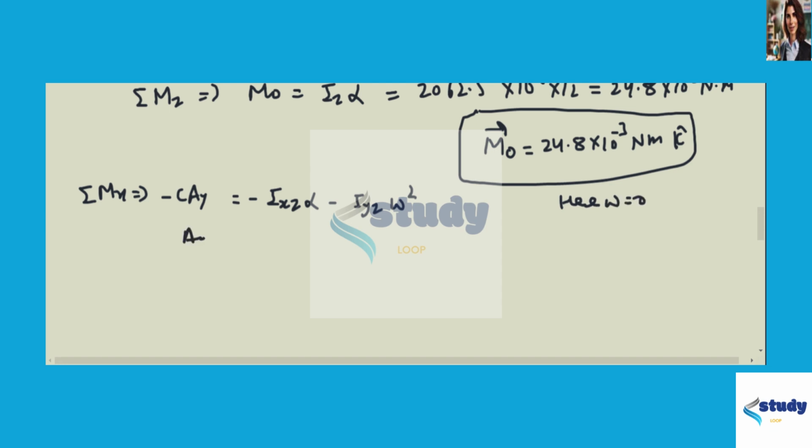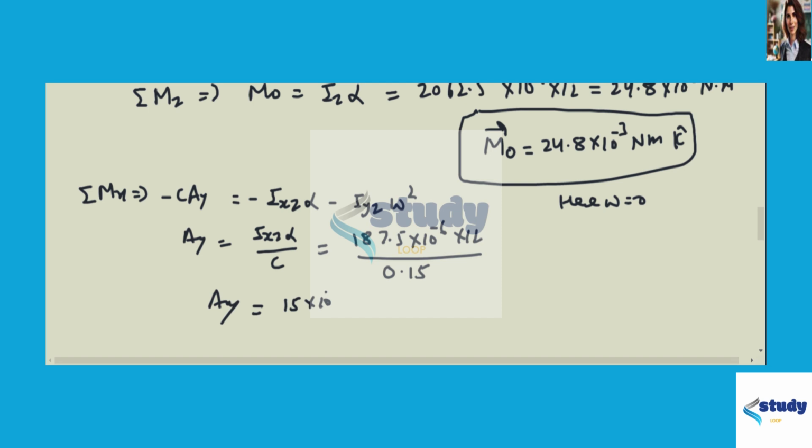So Ay can be written as Ixz alpha upon C. Substitute the values: 187.5 into 10 to the power minus 6 into 12 upon 0.15. So Ay you will get 15 into 10 to the power of minus 3.